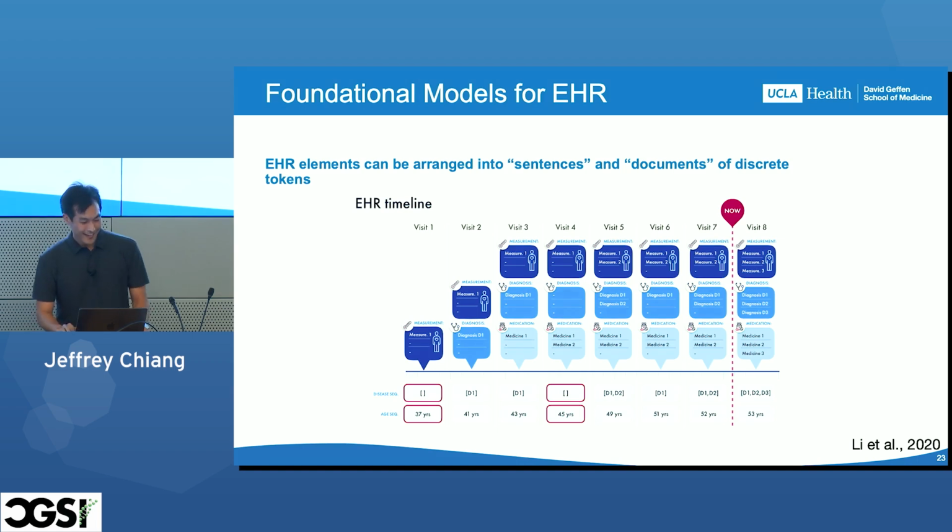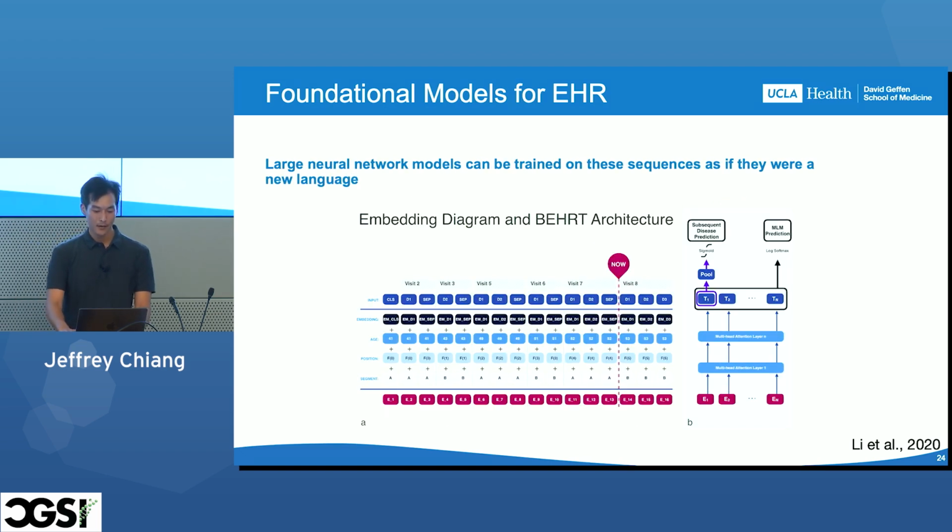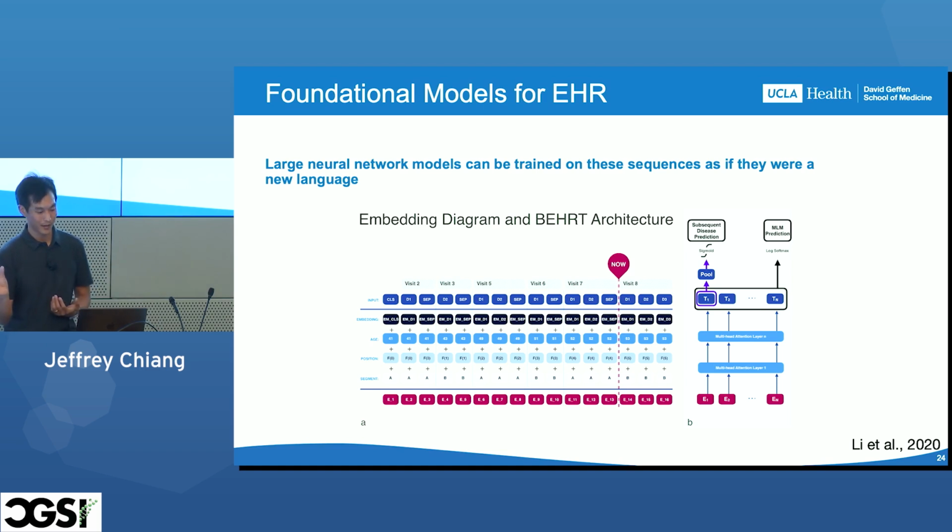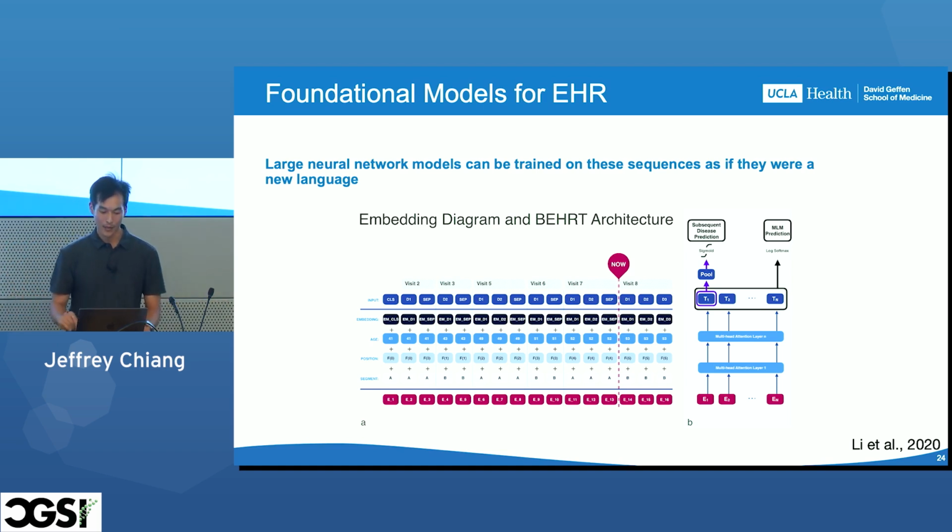So, a little bit more concretely, you might be able to treat these sequences of data in the electronic health record as if it's just another language made up of tokens of codes or tokens of discrete elements captured within the EHR, arranged over time, and train one of these new foundation models.